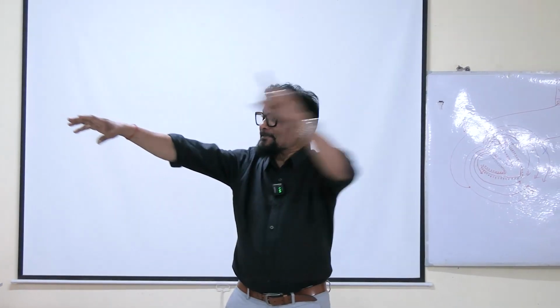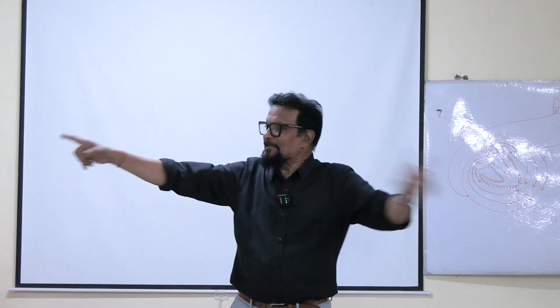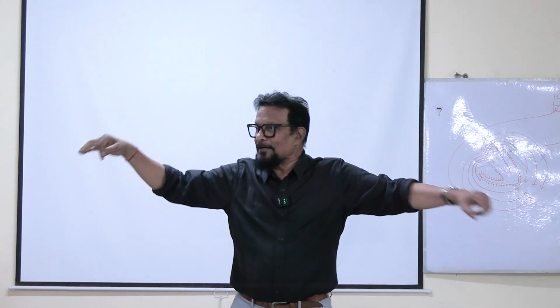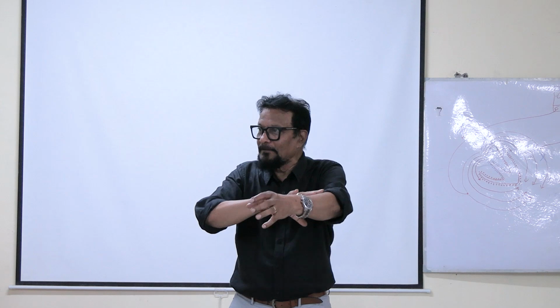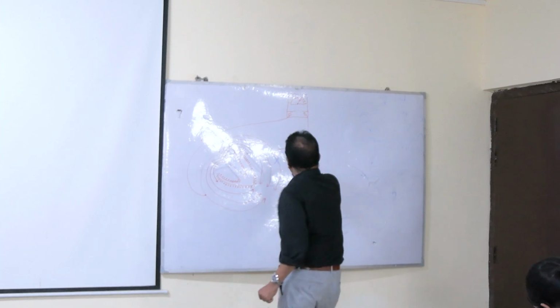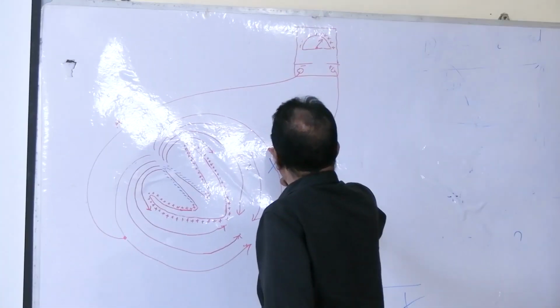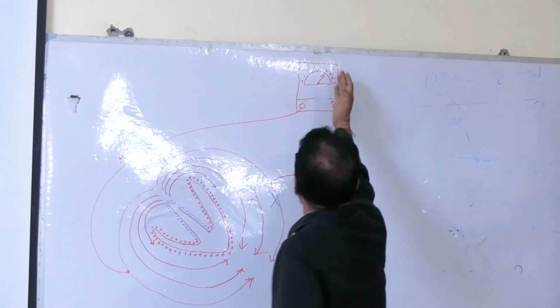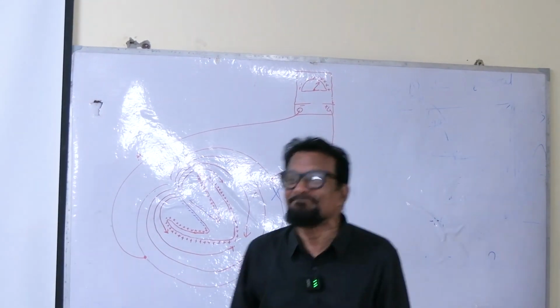Let me see, what is the difference of voltage between this hand and this hand? So I have to place one electrode here, another electrode here. Now where to place the positive electrode? Here or there? If you place it the other way, the deflection will be on that side.